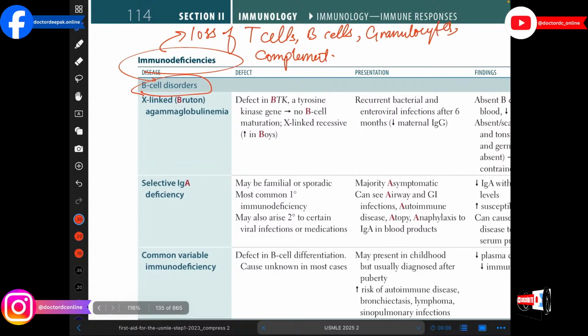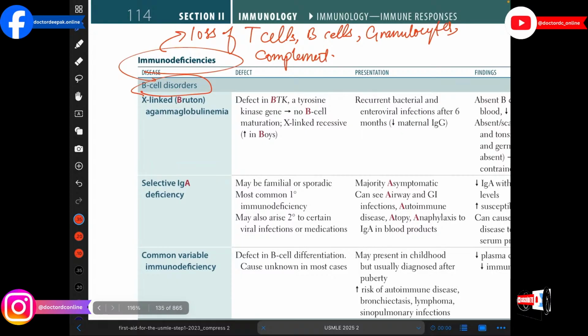In Bruton agammaglobulinemia, there are recurrent respiratory bacterial infections due to loss of opsonization by antibodies. H. influenzae and Strep pneumoniae are more common.